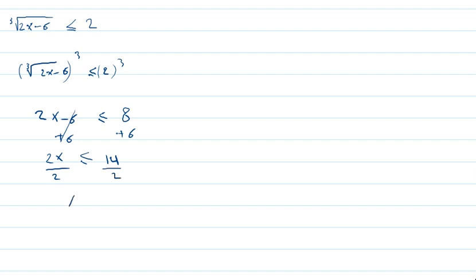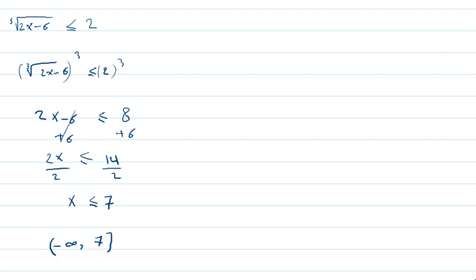Dividing both sides of the inequality by 2 gives us x is less than or equal to 7, which is the solution of this inequality. I mean, less than or equal to 7 means from minus infinity to 7 included. This is the solution.